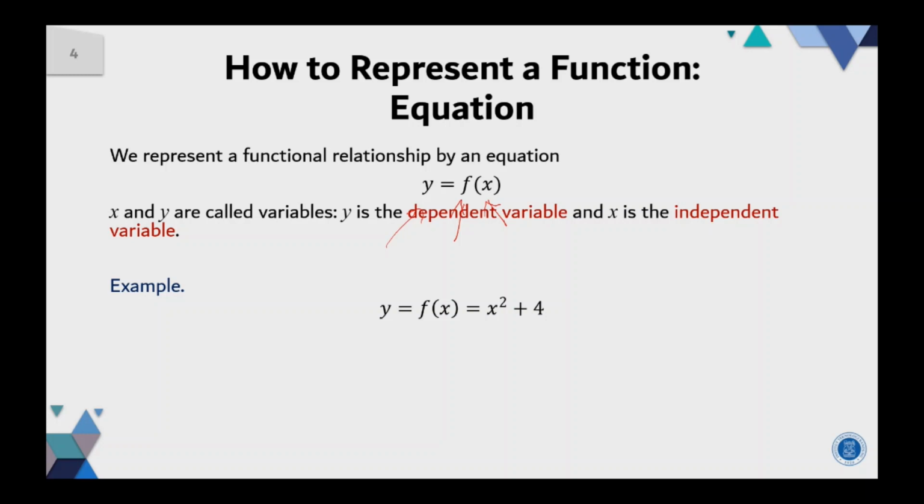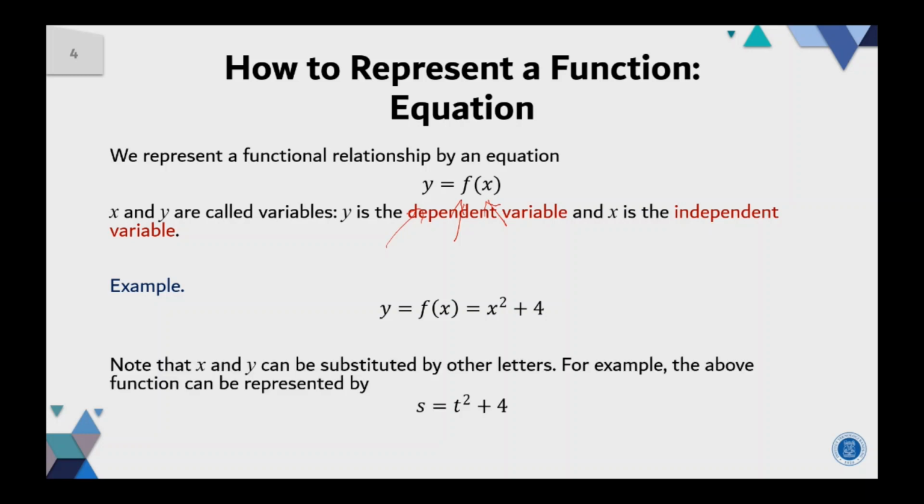And here, because x and y are just denoting the variables, we can substitute them with other letters. For example, we can use t instead of x, and s instead of y, but both of these equations are representing the same function.